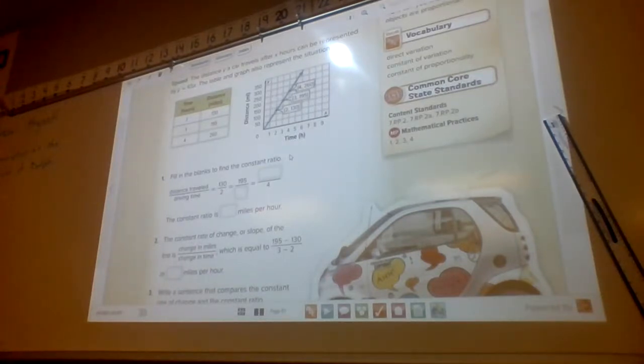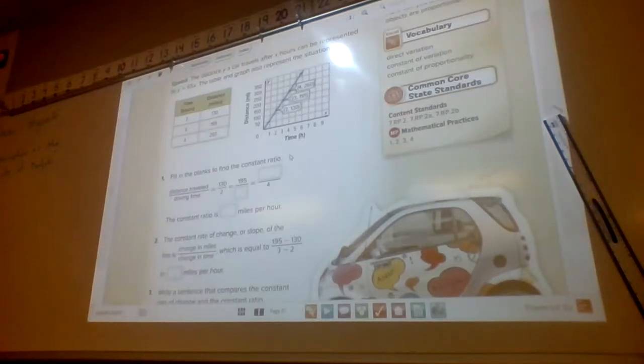All right. So y stood for distance, right? The distance is how far you make it if you have been driving for so long. So if you drive for 3 hours, 4 hours, 5 hours, y is going to tell you how far you got. So what do you think that 65 means? If y is how far you got and x is how long you were driving, what is 65?